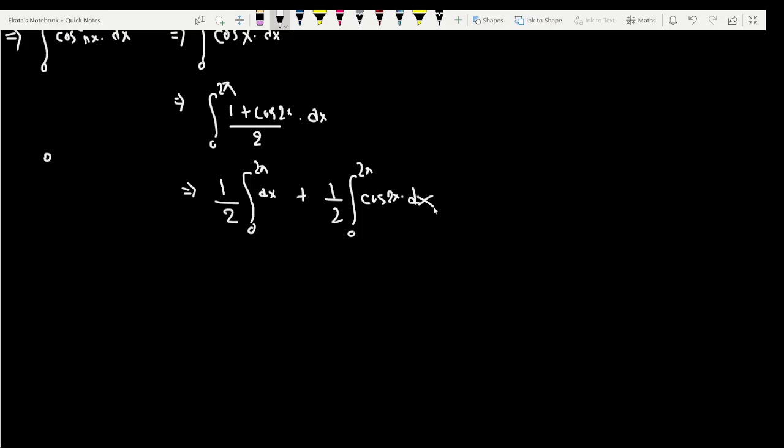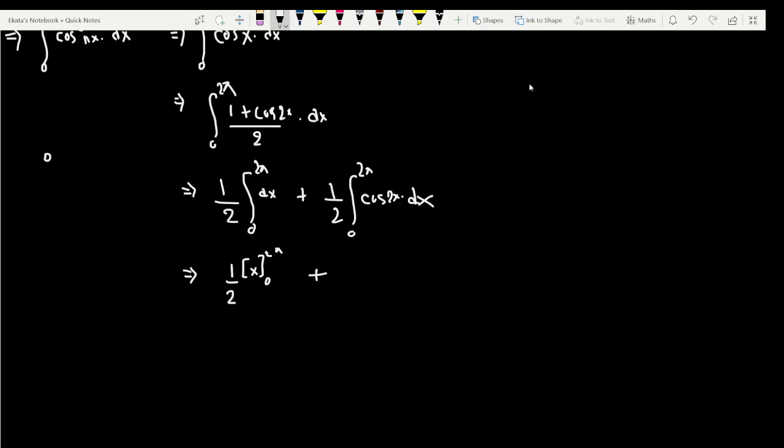Now this integral becomes simple. The integral of dx becomes x, so we get 1 by 2 times x from 0 to 2 pi. To evaluate the second integral, we have to use the method of substitution.